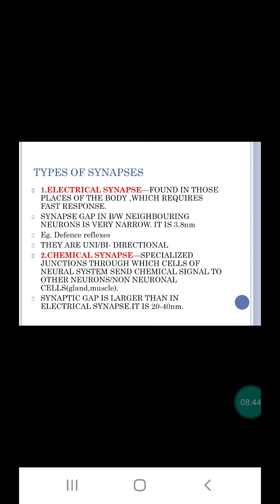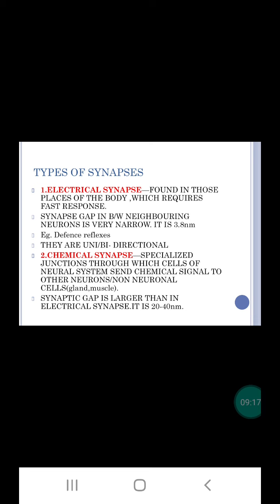Electrical synapses are found in those places of the body which require fast response, and the synaptic gap between neighboring neurons is very narrow. In case of electrical synapse, it is 3.8 nanometer. For example, defense reflexes. They are either unidirectional or bidirectional.